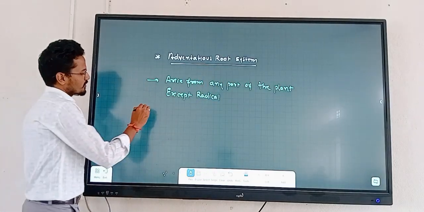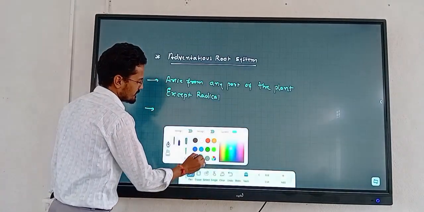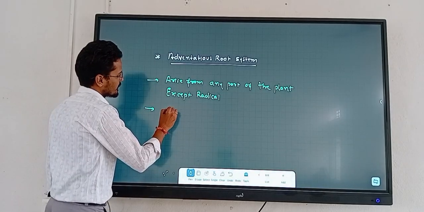The best example for this adventitious root system is the banyan tree.